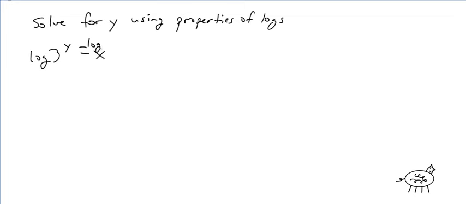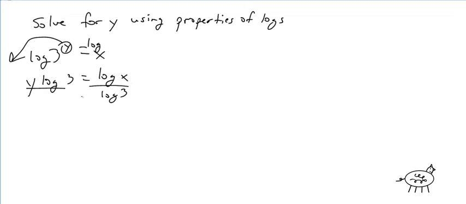Take the log of both sides. Power property goes in front. So y log of 3 equals log of x. And then divide both sides by log of 3. So y equals log of x over log of 3. Okay, that's pretty mellow, right?